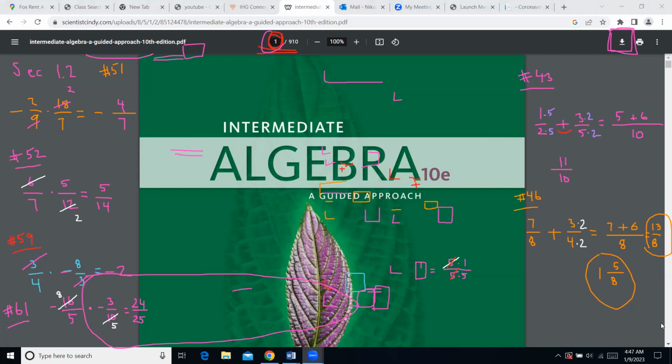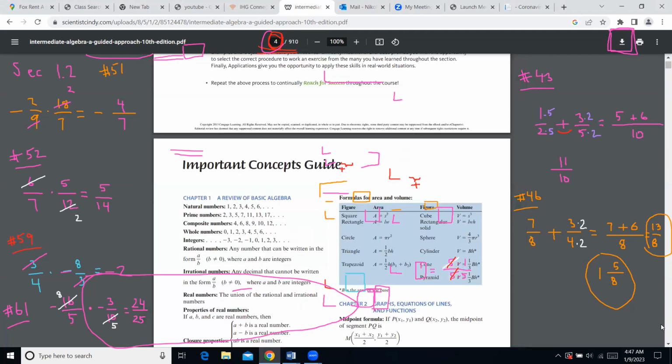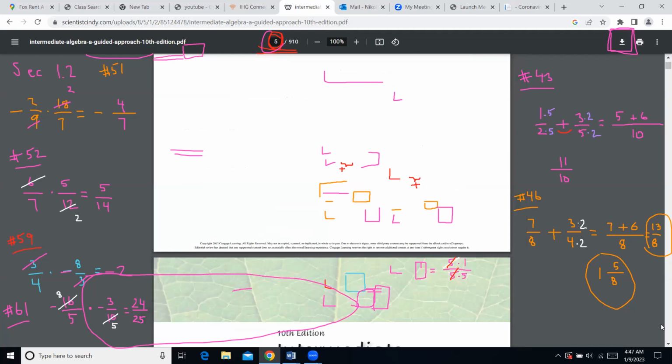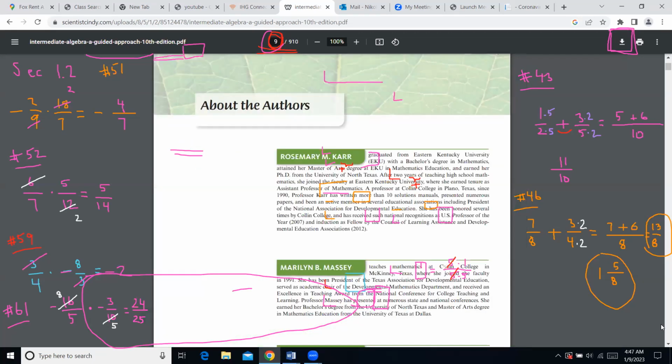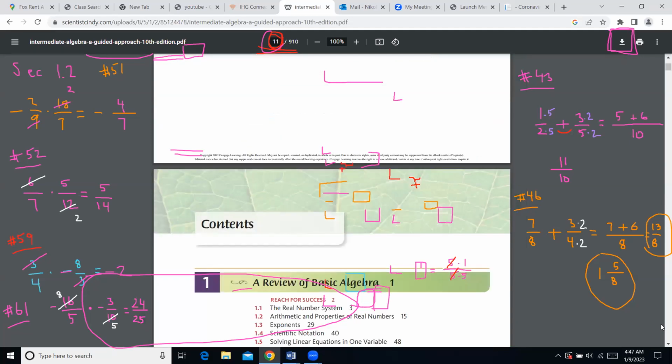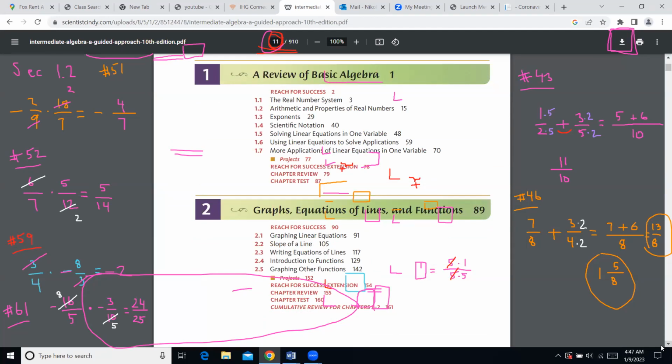So homework is always whatever we did in class. And today we looked at 2 sections. Remember, section 1 and section 2. And I asked you to do a few exercises from each section. Few means 3 or 4, something like that.